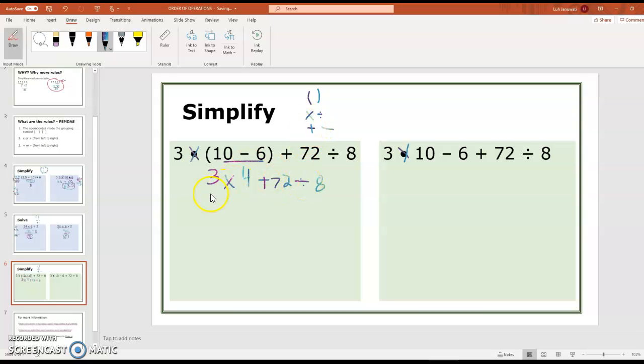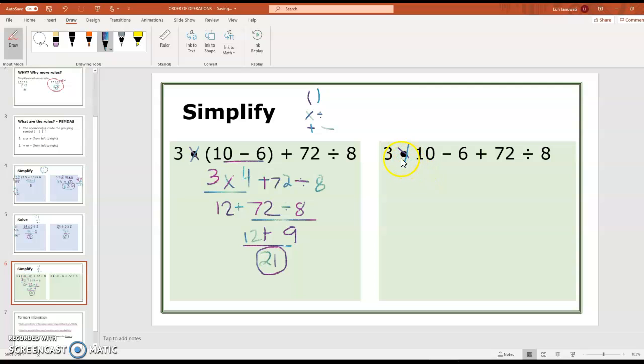So which one do you have to do first? The multiplication, of course, because it's on the left. And then you rewrite the rest of them, plus 72. Don't rewrite it not following the original expression. Always rewrite it exactly like it's written in the original expression. Otherwise, you get confused. Okay, so now what do you have to do next? Plus or divide? Divide, so you need to do that one, right? That's 21. You're done.